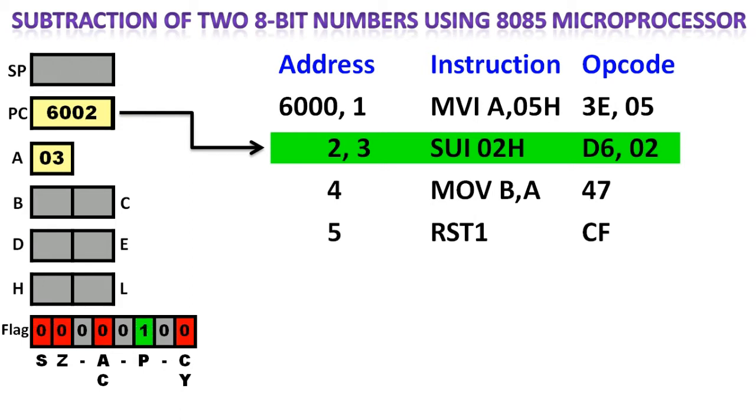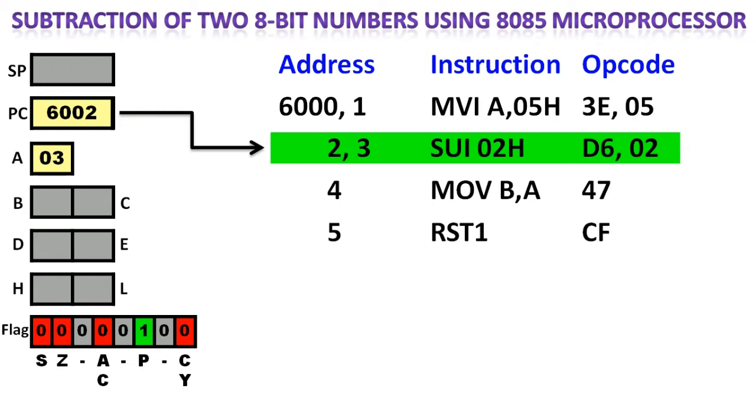So S flag is 0 because our result is positive, that is the D7 bit of accumulator is 0. A copy of D7 bit in accumulator will be transferred as it is to S flag. Then Z flag is 0 because our accumulator contains a non-zero value. Then auxiliary carry flag is 0 because a carry or borrow is not generated from D3 to D4 bit.